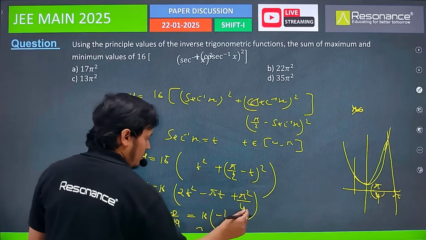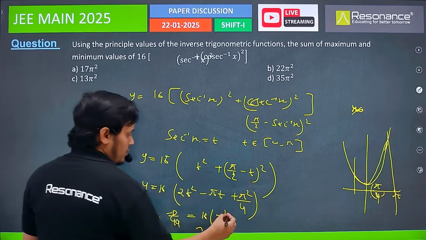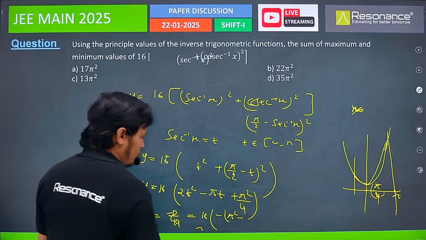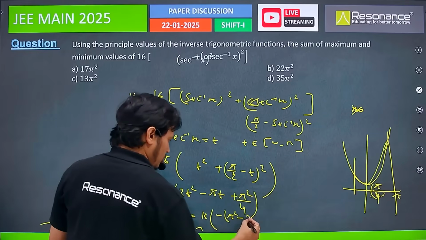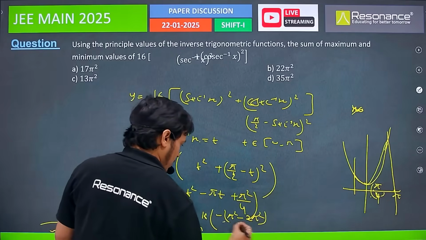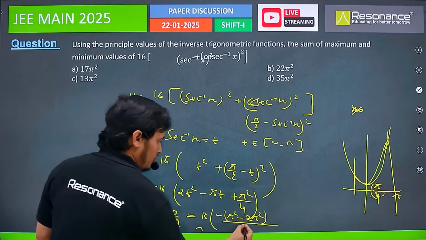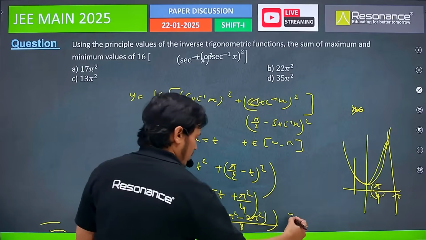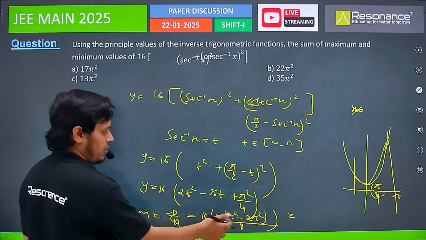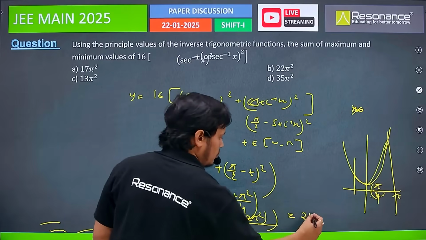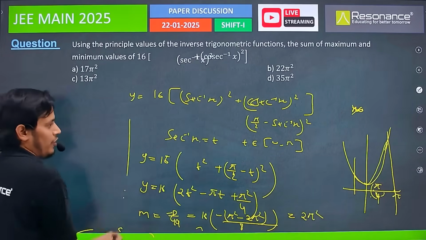Minus of d will be b square minus 4ac, pi square minus 4ac, will be 2 pi square by 4a equal to 8. So this one is pi square by 8 times 16, 2 times cancel, 2 pi square. So this is the minimum value.